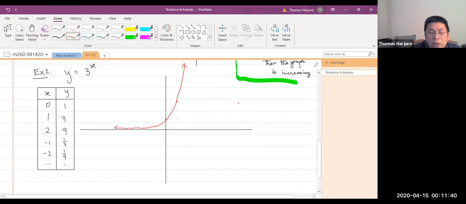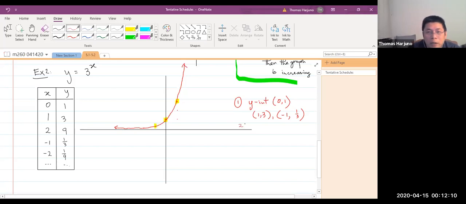You'll see that first the y-intercept is 0, 1, still the same, right? By the way, we can actually say more besides the y-intercept. We also have 1, 3 and -1, 1/3. Okay, those 3 important coordinates, remember? This guy, and this guy.